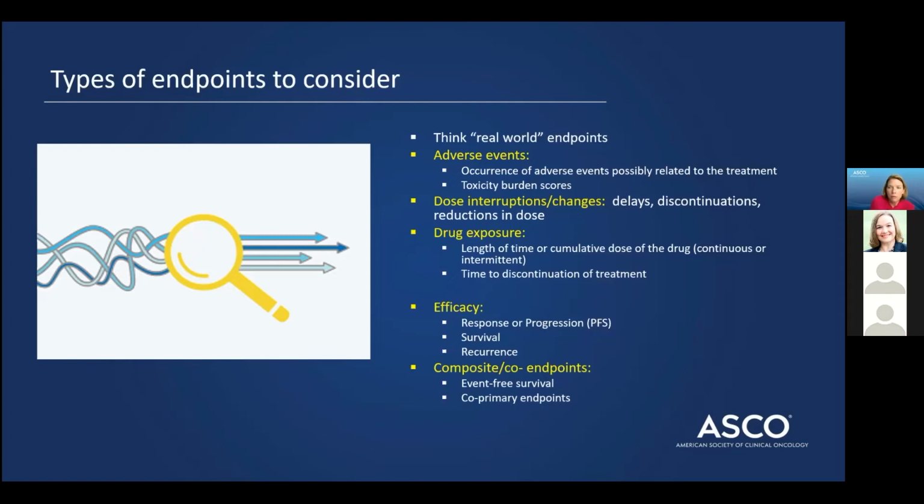So looking at how long patients stay on treatment, regardless of dose potentially, and then also drug exposure, which would really represent a cumulative dose of drug. We can think about other endpoints like efficacy or composite endpoints related to composite sets of events.